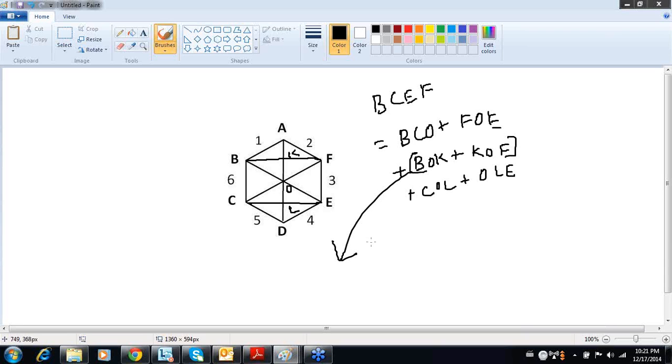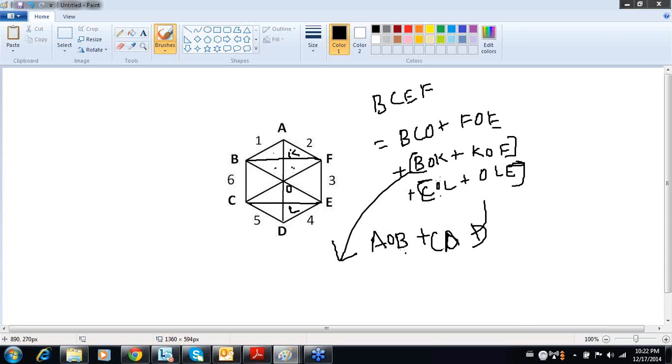It is the same as the area of AOB, because this area is equal, this area is equal. Similarly, the area of these two triangles is nothing but the area of another triangle, say COD.